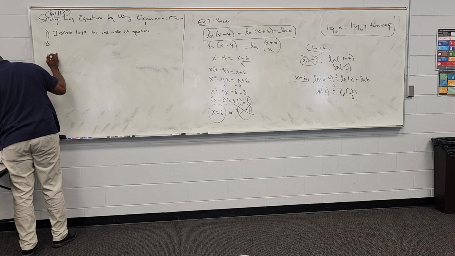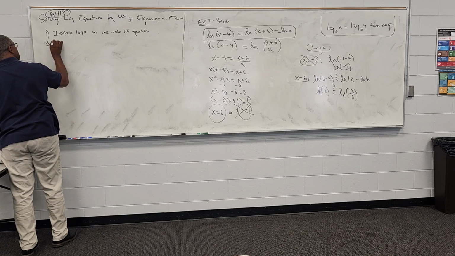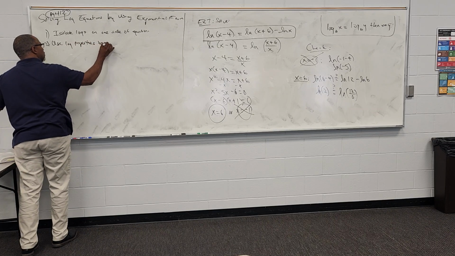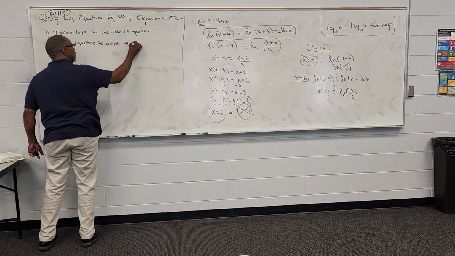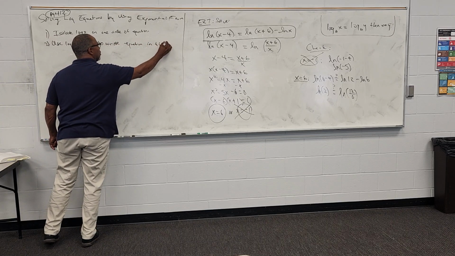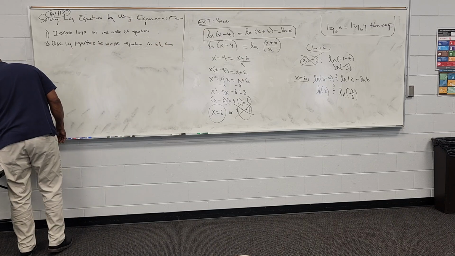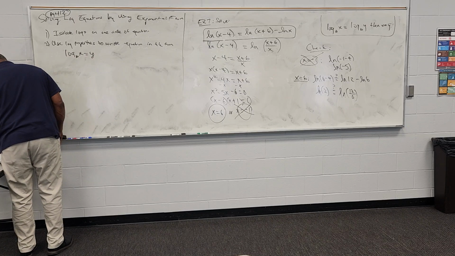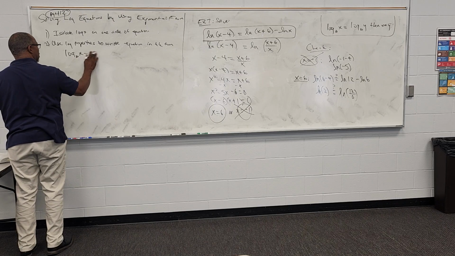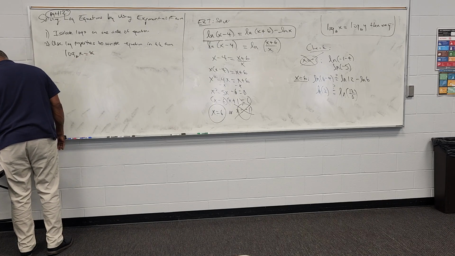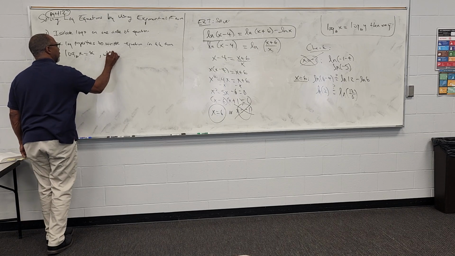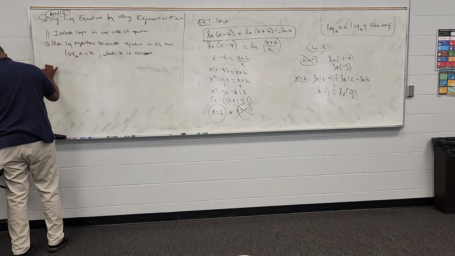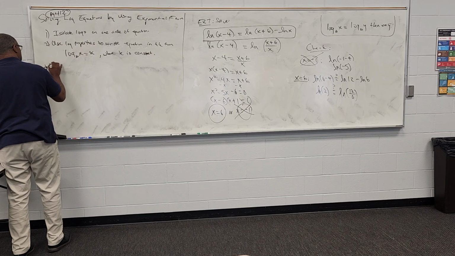Step 2, they say use properties of logs to write the equation in the form log to the base b of x equals k, where k is a constant. Step 3, write the equation in exponential form.